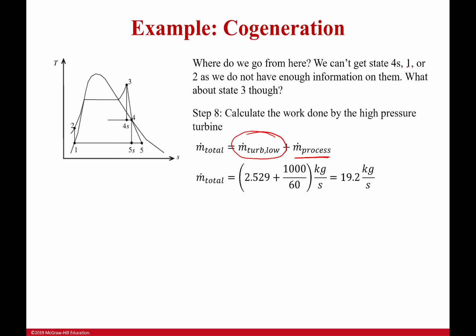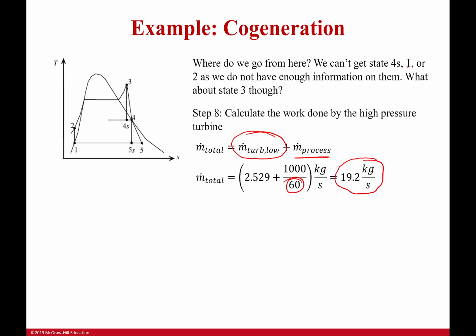The great thing was it told me a certain mass flow was going through my process heater. And so I had 1,000 kilograms per minute. That's why I have a 60 on the bottom here. So I went ahead and turned 1 minute to 60 seconds so I could have it in the same units. And so what this tells me is that I have a total mass flow rate of 19.2 kilograms per second going through the high pressure turbine.